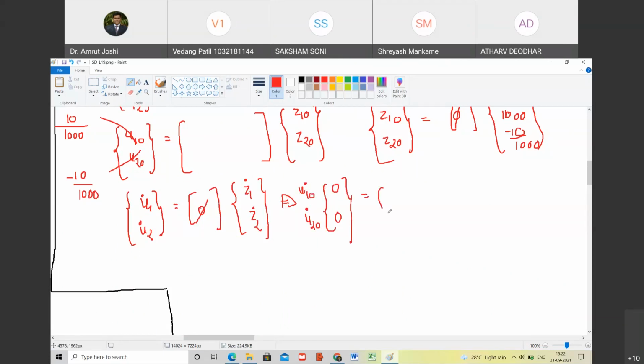This must be equal to phi times z1 dot of 0 and z2 dot of 0. Happy? Yes, sir. So z1 dot of 0 and z2 dot of 0 are going to be phi inverse of 0. Do you agree with me?